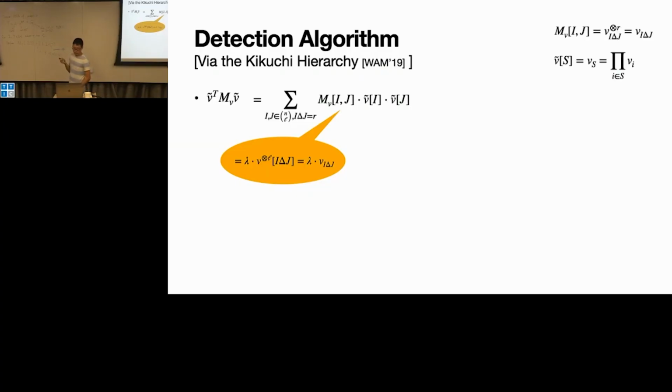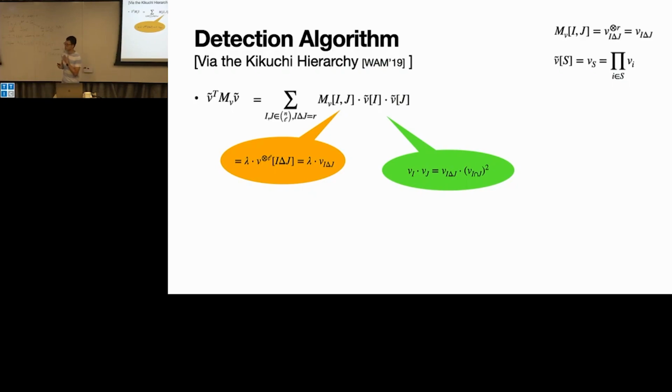When you have a rank 1 component, the entry M_IJ is just going to be given by lambda times V_{I delta J}, by definition. Nothing fancy. We also know by construction of our test vector that the corresponding entry is the product of V_I times V_J. We can also rewrite it as the symmetric difference times the indices in the intersection squared, because every index in the intersection appears twice, in both vectors, and for the symmetric difference ones, you appear only once.